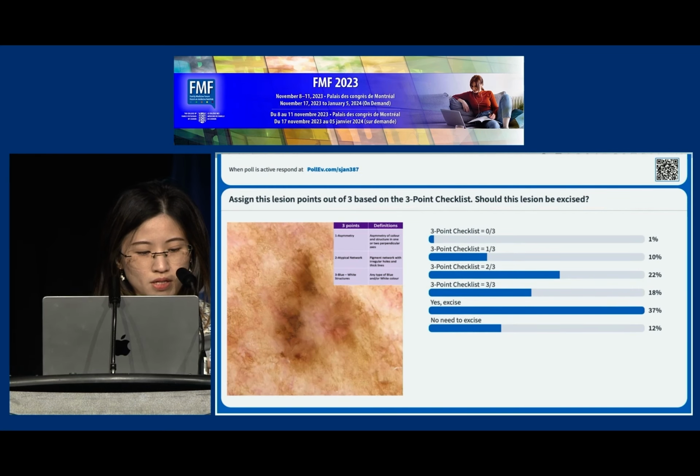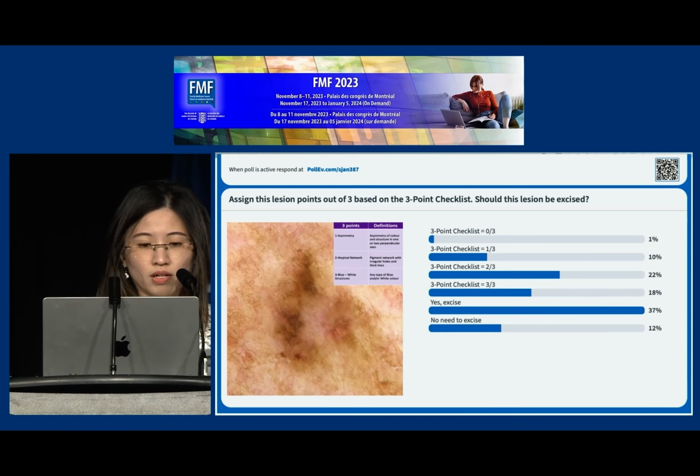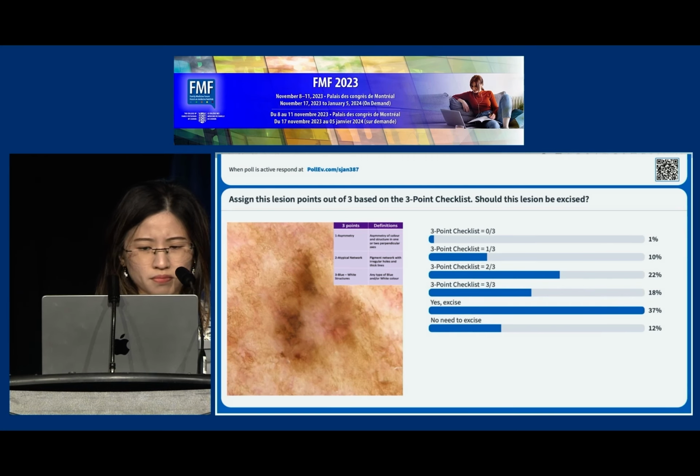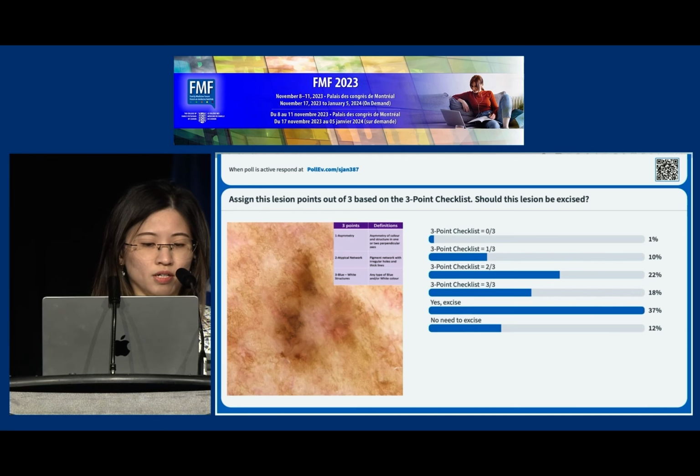And this one is actually a pigmented basal. I thought it was a pigmented basal cell, and it came out as melanoma. This is actually a case that I saw, and the pathology came out as melanoma in situ. What I thought were what we call maple leaf patterns, things that we see in basal cell, is actually atypical network.